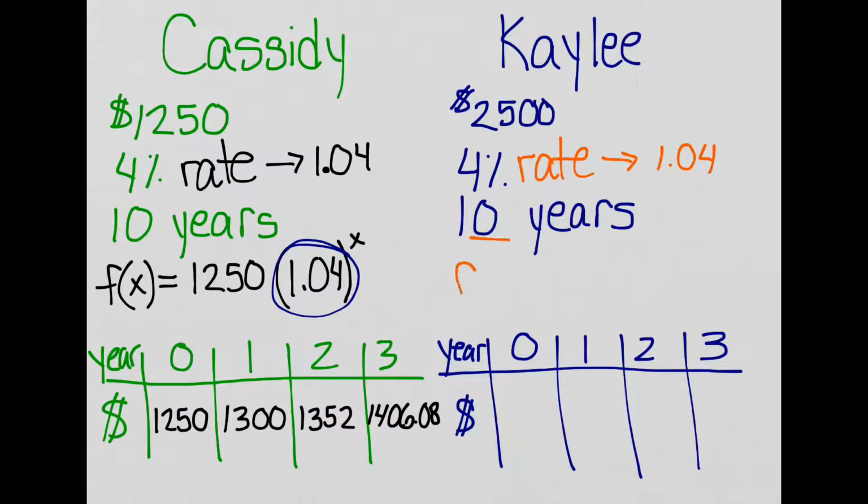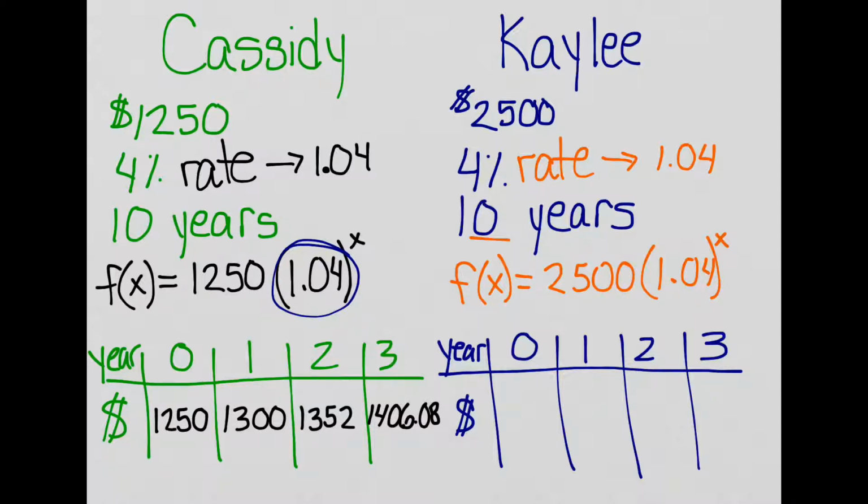And so our equation could look like f of x equals 2,500, because the thing that's changing this time is the amount of money they started with. The growth rate is the same, and that means the growth factor is the same for each sister. But they have different amounts of money to start with. Why do you think that would be true? Does Grandma really love Kaylee twice as much as Cassidy?